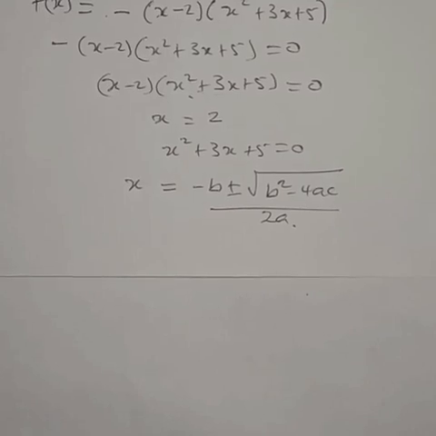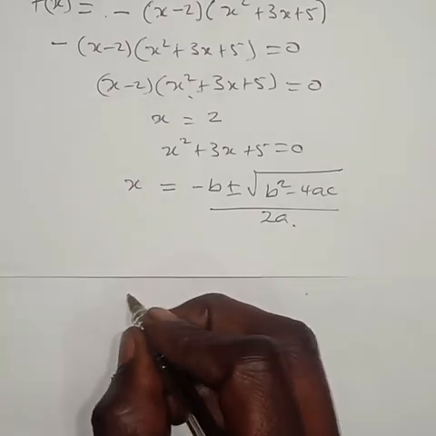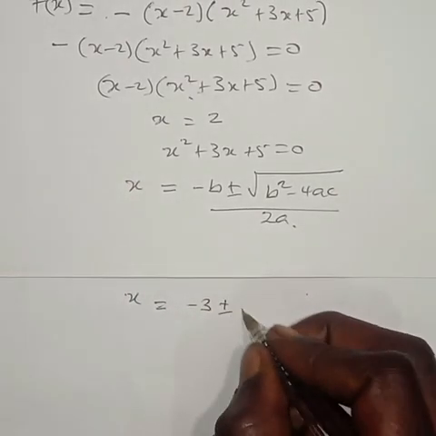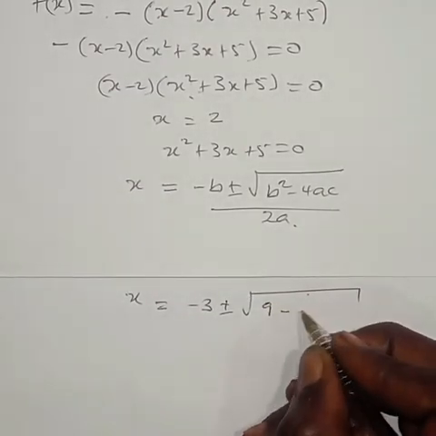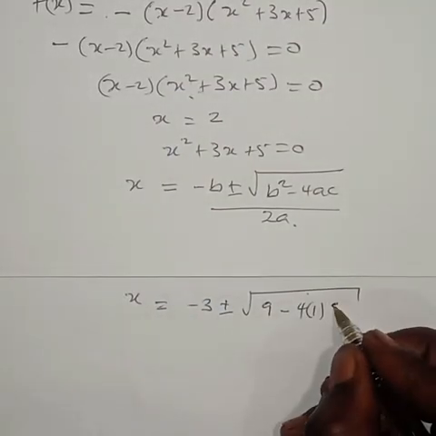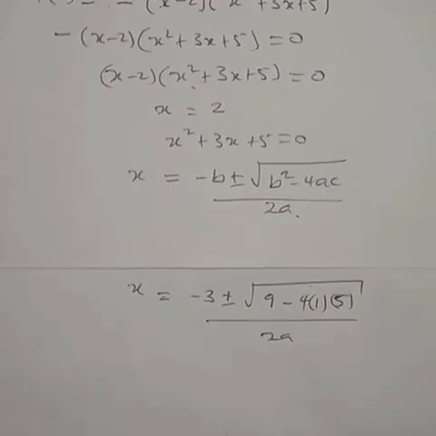Let's substitute the values. x is equal to minus 3 plus or minus the root of b squared, which is 3 squared, that is 9, minus 4 times 1 for a times 5, over 2a.